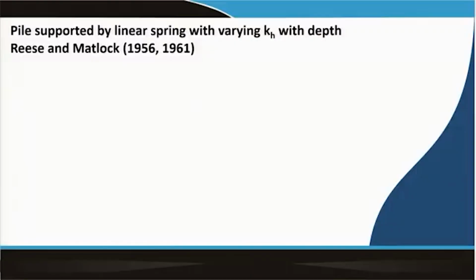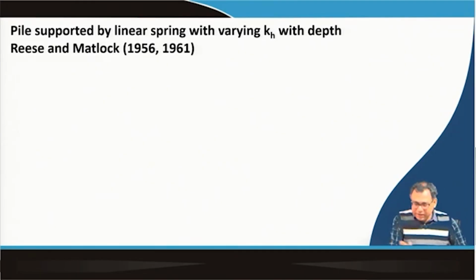Okay. So, here the concept was proposed by Reese and Matlock in 1956, and then in 1961 it was modified. The piles are supported by linear springs with kh varying with depth.